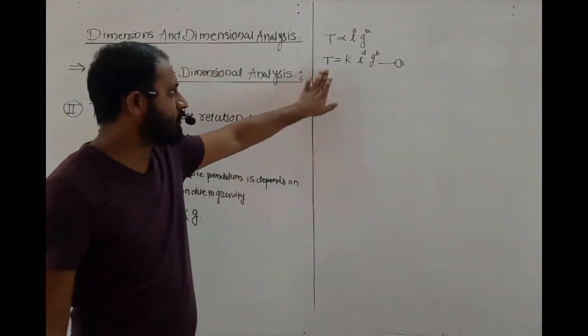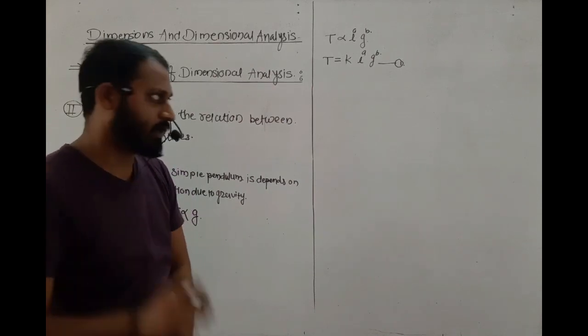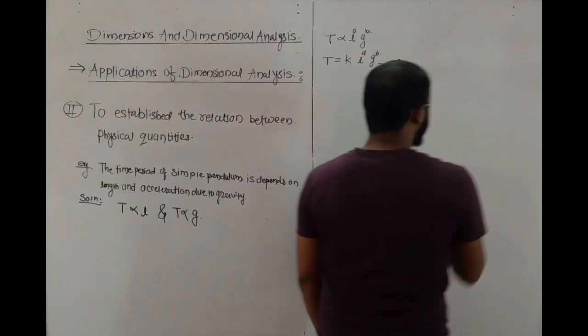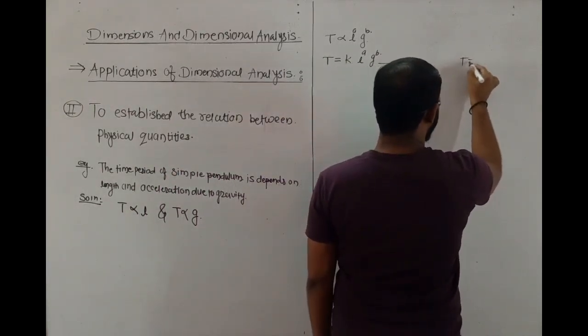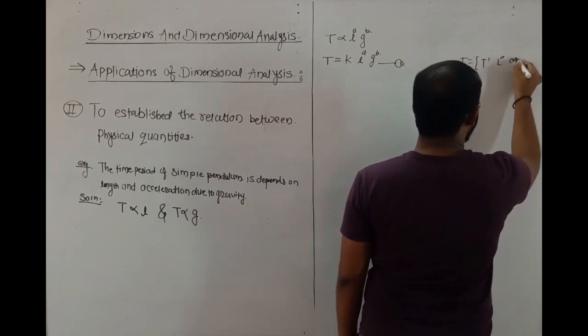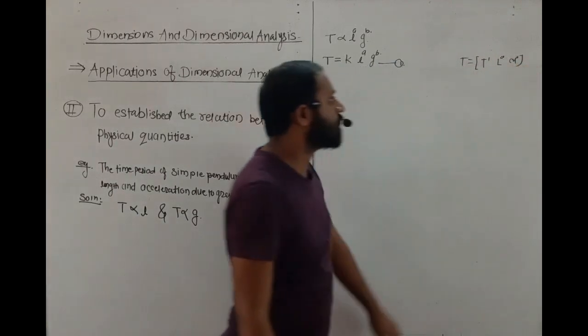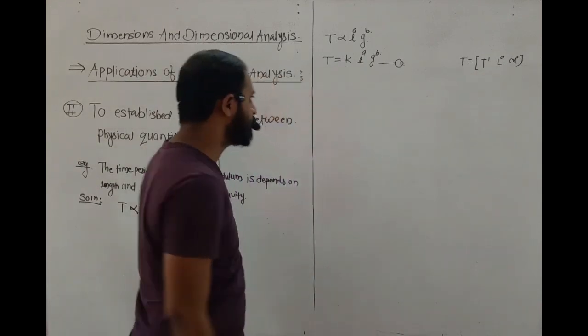On the left-hand side, T is nothing but time, which is a fundamental quantity. Therefore the dimension for T is T1 L0 M0, because for time, M should be 0 and L should be 0.